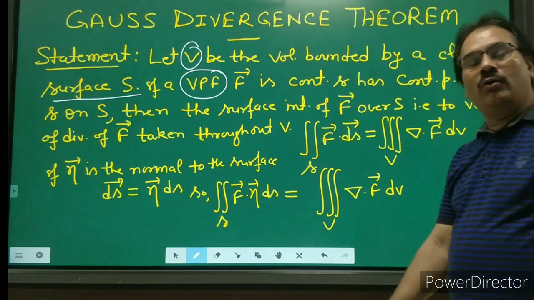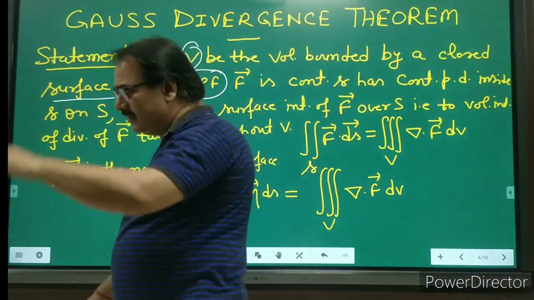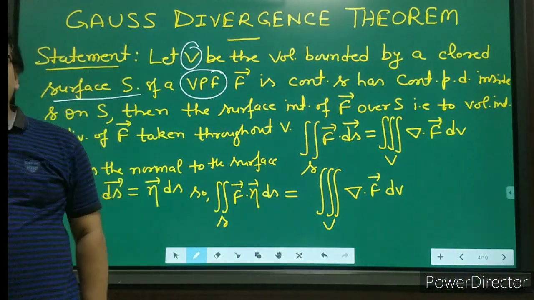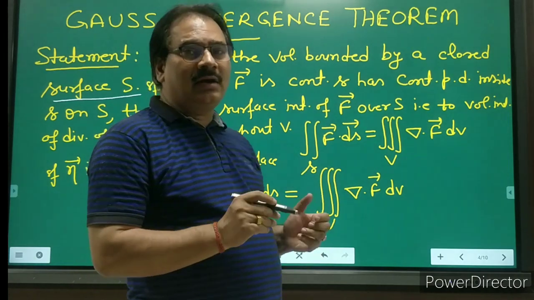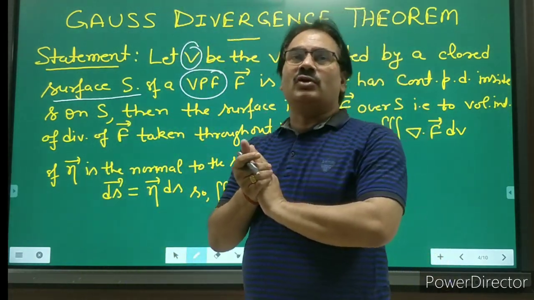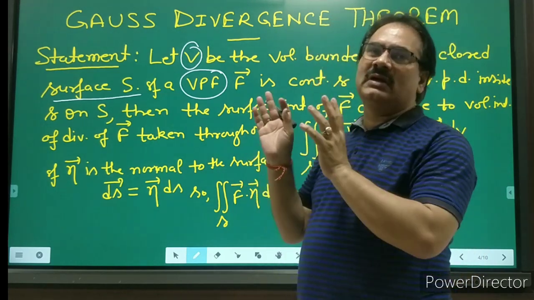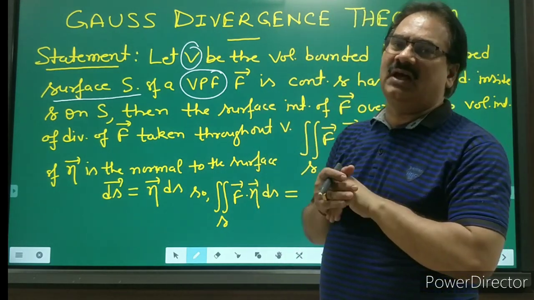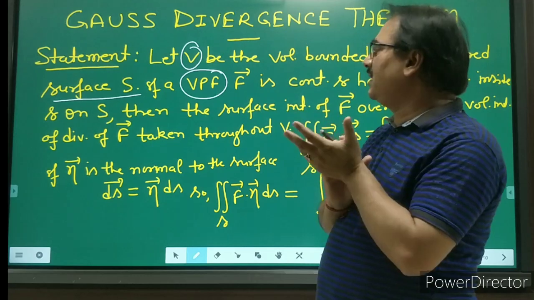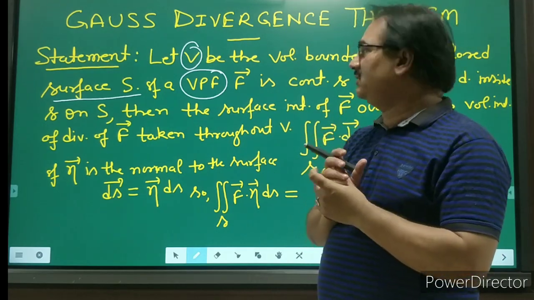Now, as we discussed, Green's theorem was the connection between line integral and surface integral. Here the importance of volume integral is in the study of the Gauss divergence theorem. So let us look at the statement of the Gauss divergence theorem.